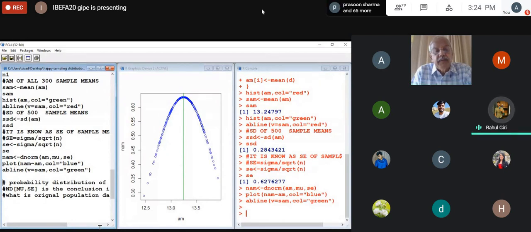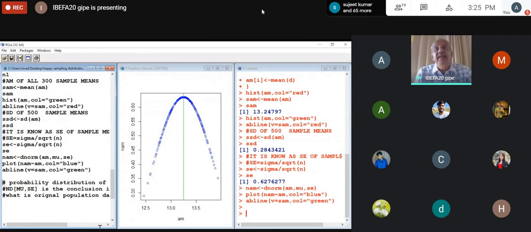Irrespective of our original population, if we increase our n, we will always observe a normal distribution. Irrespective of the original data, the sample mean distribution is always normal with parameter mu and a standard error.